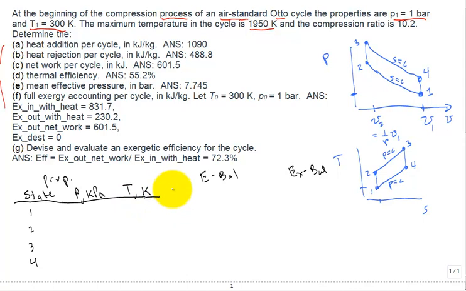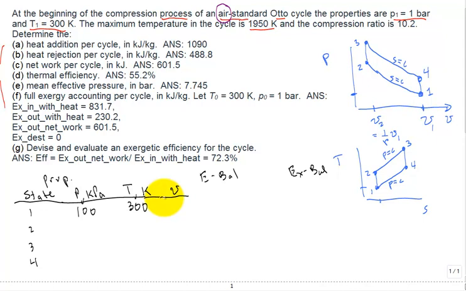You could put volume or specific volume in here if you wanted to. And it is air as our working fluid, so we always have the ideal gas equation ready to go. And so now we can start putting in properties. Let's say 100 kilopascal and 300 Kelvin, and you could calculate that specific volume.